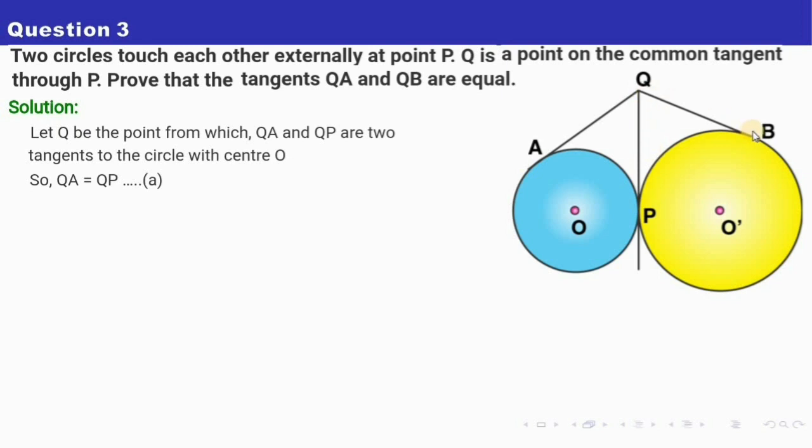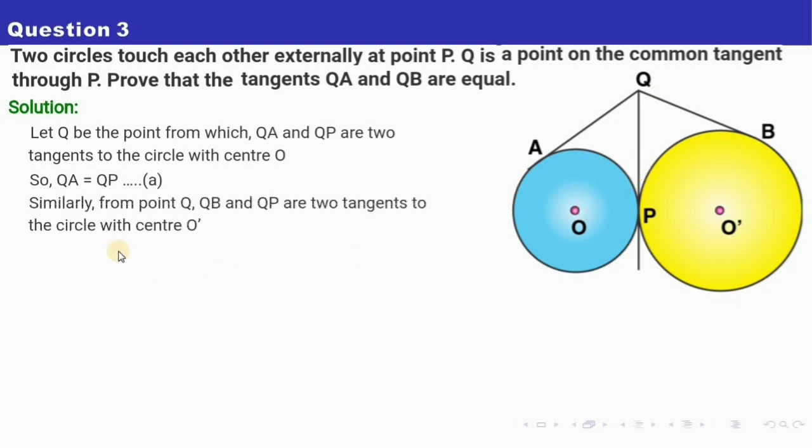The lengths of QB and QP will again be equal using the very same theorem. Similarly, from point Q, QB and QP are two tangents to the circle with center O dash, so QB and QP both are equal. Let me call this equation B.